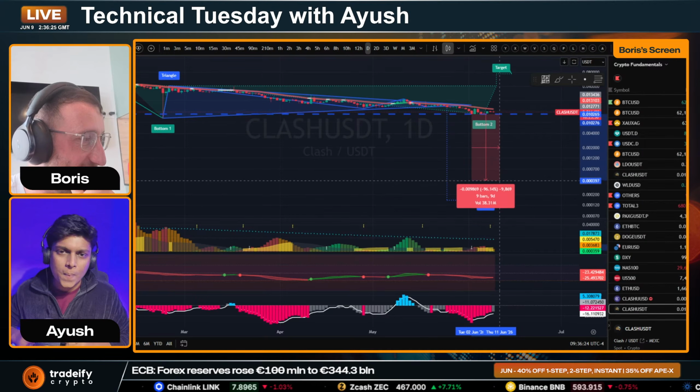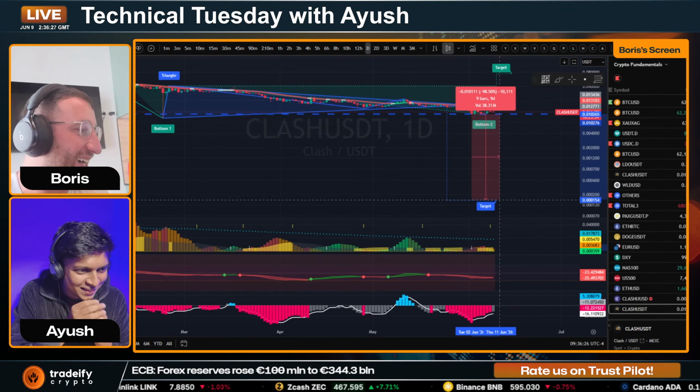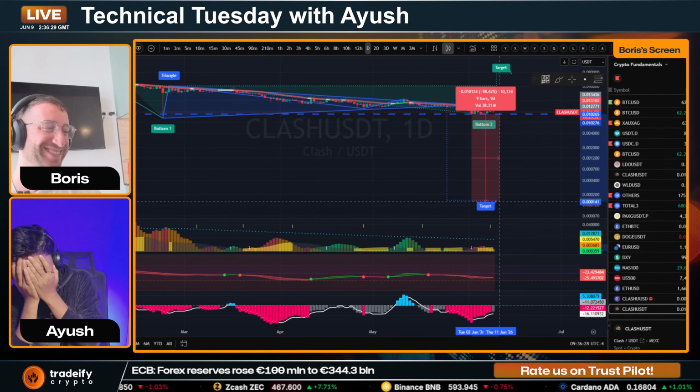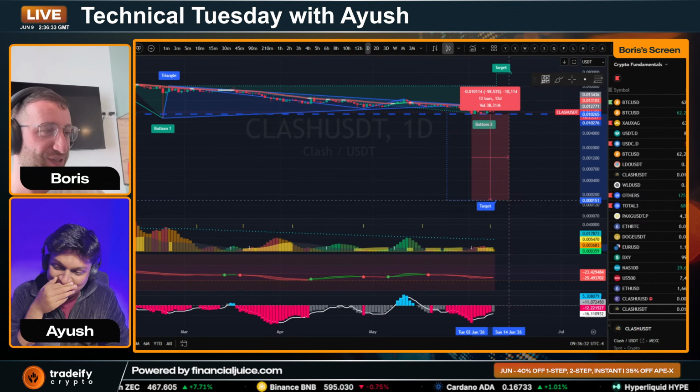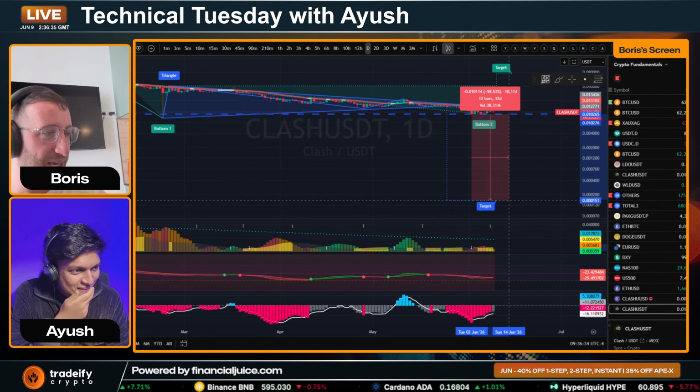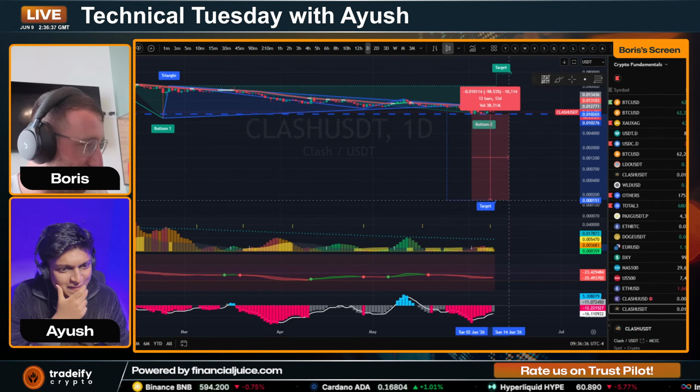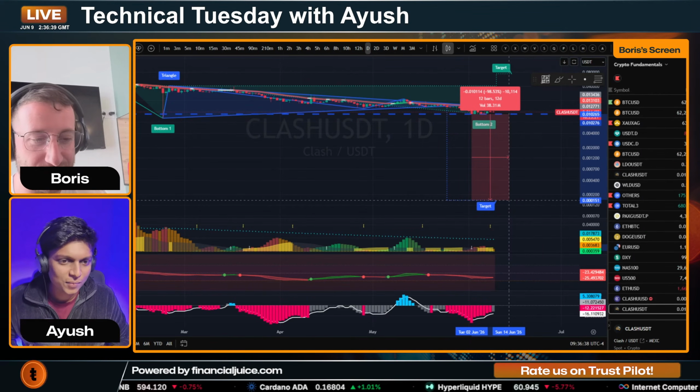Clash is gonna go down to 0. I'm not joking. TradingView's take profit is 0 on Clash. That's the target, so a move of 98% down.